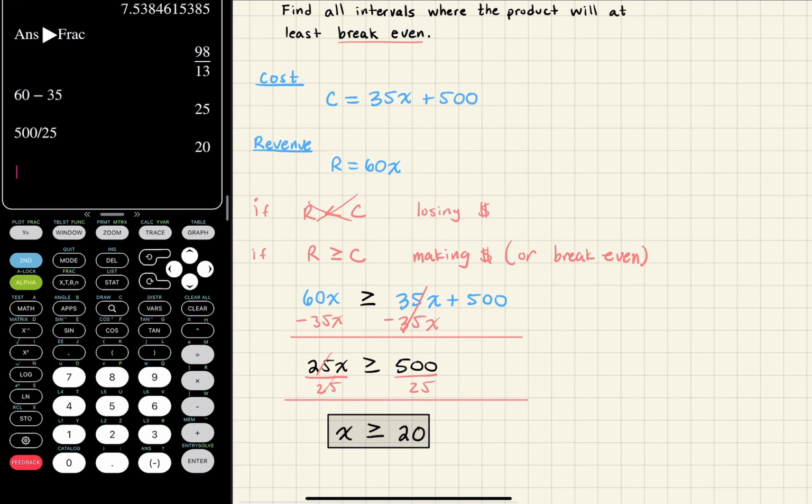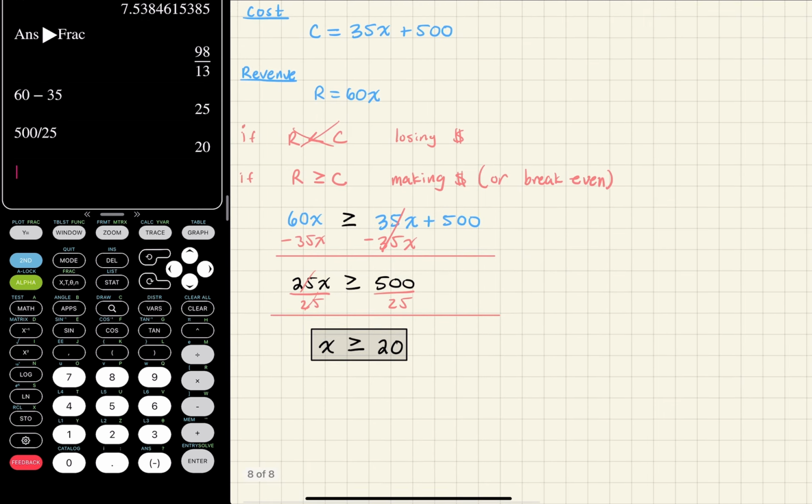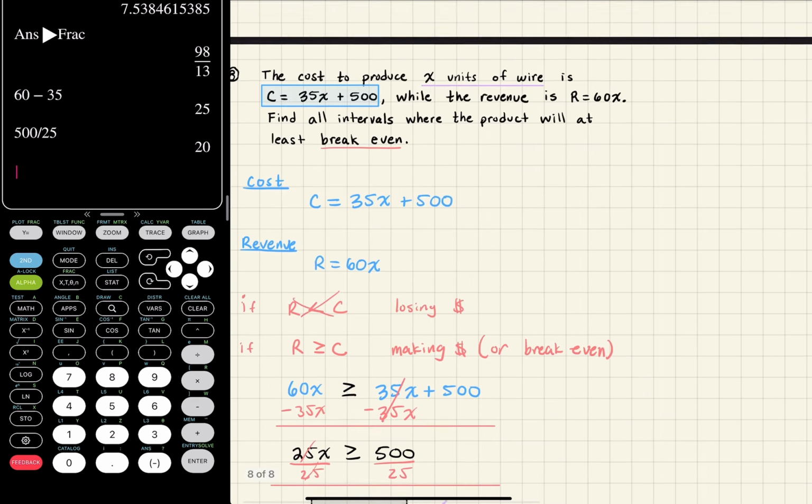Well, X represented units of wire. So in order for our revenue to break even or start making us money, we need to produce greater than or equal to 20 units of wire. 20 units of wire. And that's it.